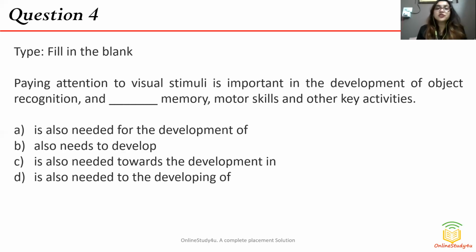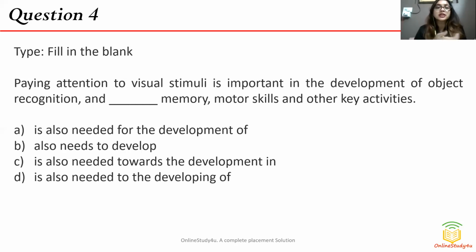Paying attention to visual stimuli is important in the development of object recognition and is also needed towards the development in memory, motor skills, and other key activities. And lastly, paying attention to visual stimuli is important in the development of object recognition and is also needed to the developing of. Now out here, if you see, the game is with the prepositions they've used.